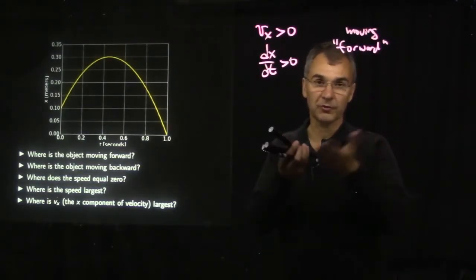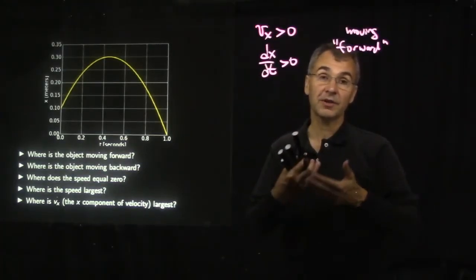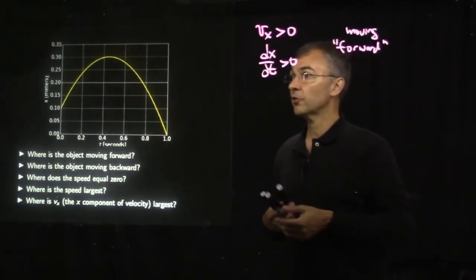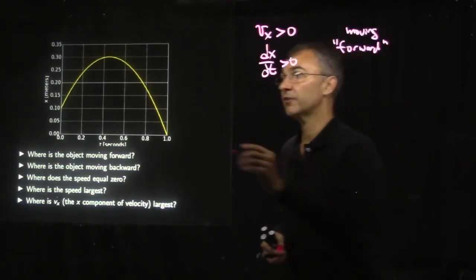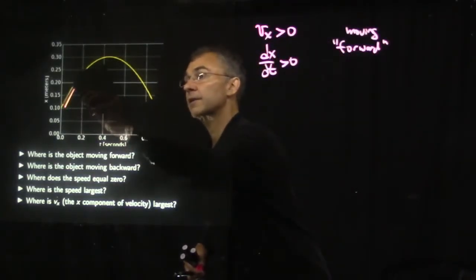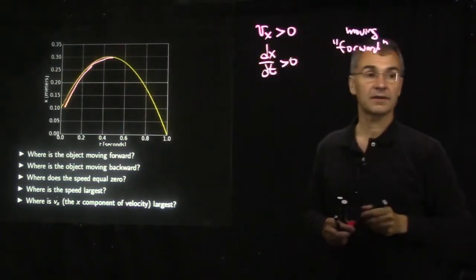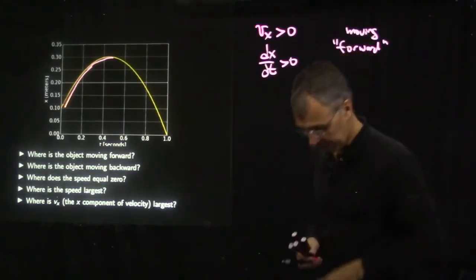Moving forward, its velocity has a positive x component, if we're just in one dimension. So moving forward along the x-axis means that the velocity in the x direction is positive. So where is that true? That's where the slope of this curve is positive. So I would say it's moving forward in this interval. Where is the object moving backward?